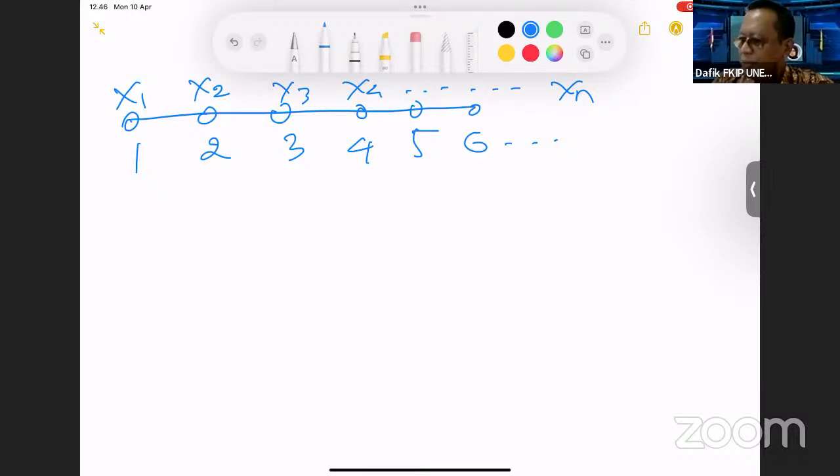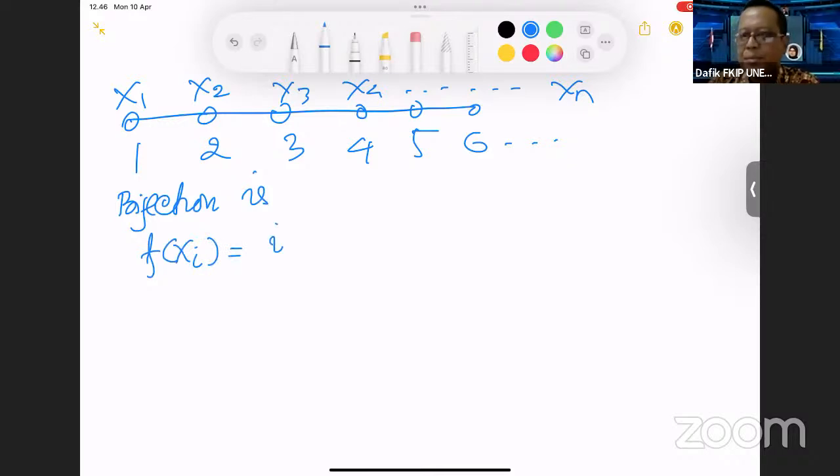With this pattern, the label, the bijection, is f(x_i) equals i for i up to n. Am I right?